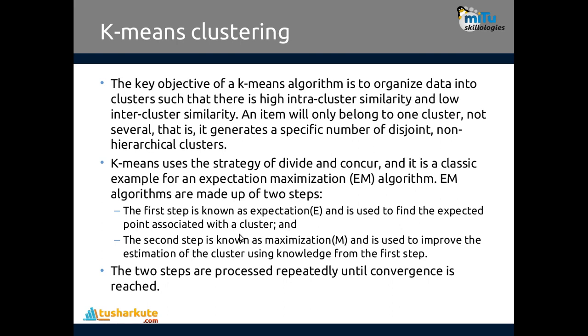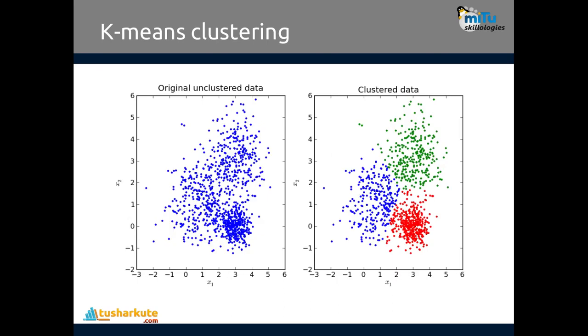The second step is known as maximization. It is used to improve the estimation of the cluster using the knowledge from the first step. These two steps are processed repeatedly until convergence has been reached. So let's see how it does that.